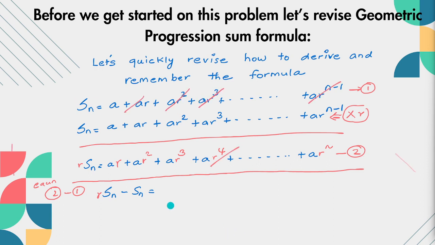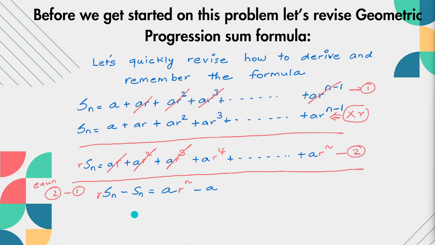When you do this, you'll find every term gets cancelled out except for this term, because rSn doesn't have it, everything is multiplied by r, and the last term of rSn, because normal Sn doesn't have it. So since you're subtracting this from this, you get ar to the power of n minus a.